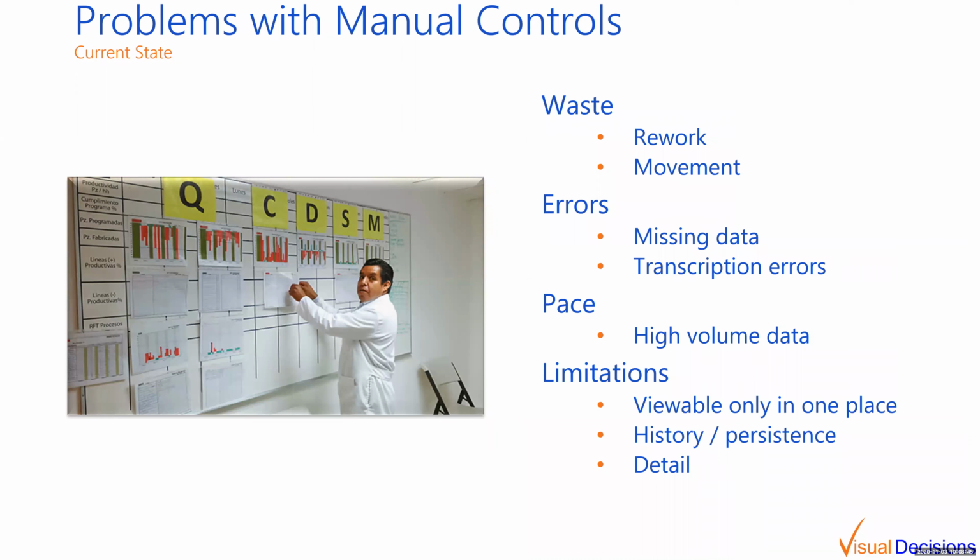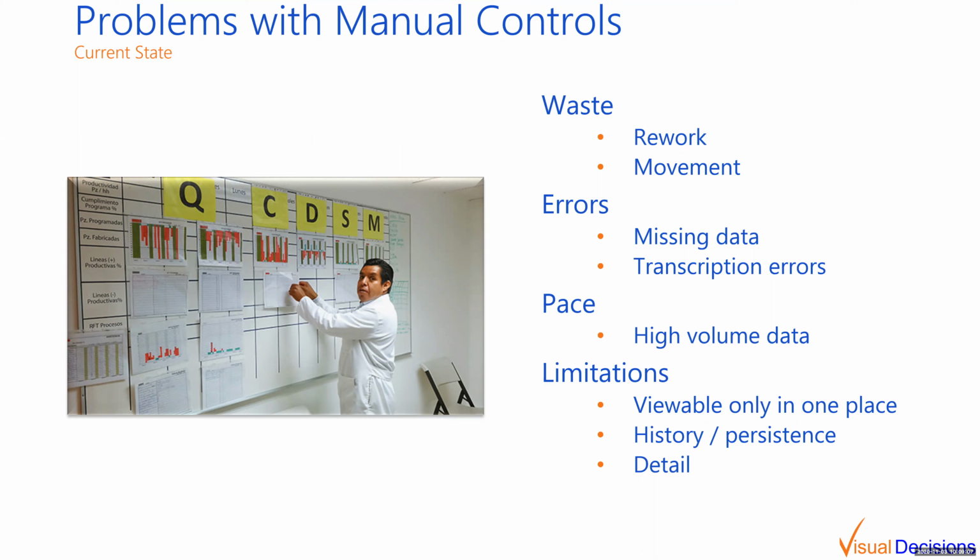And here we see an example of a gentleman that looks not really thrilled maintaining this information on an SQDCIM board. A very common way of looking at manufacturing performance is with KPIs, or key performance indicators, and these are often organized into those categories of SQDCIM.